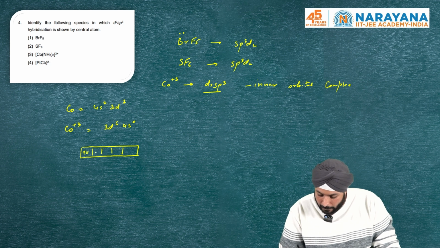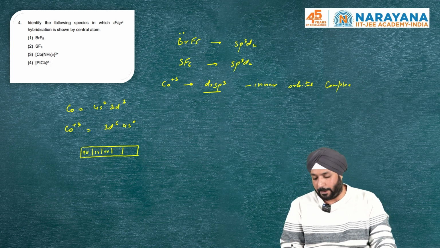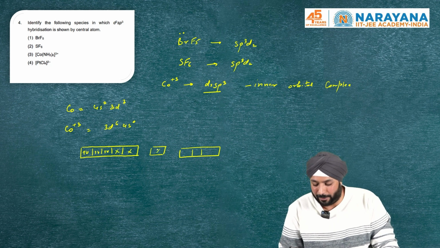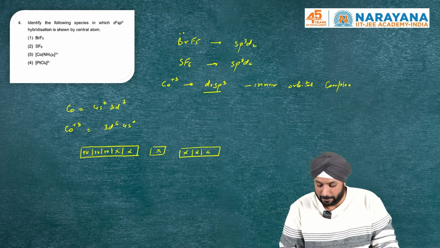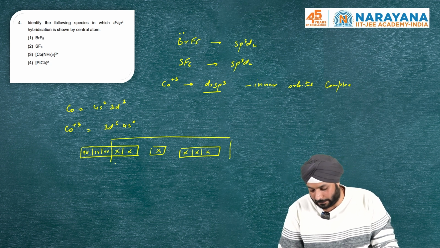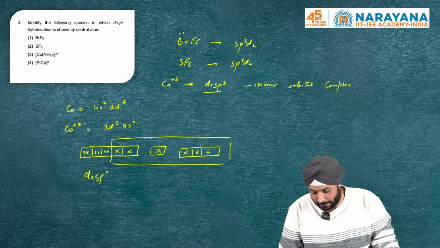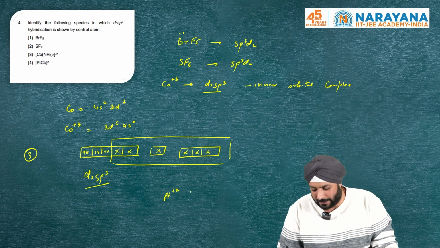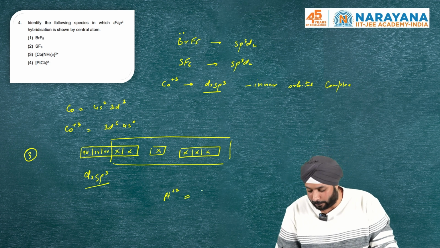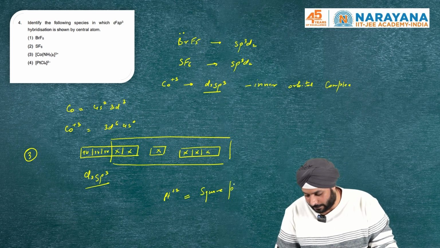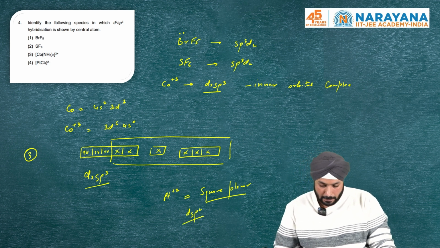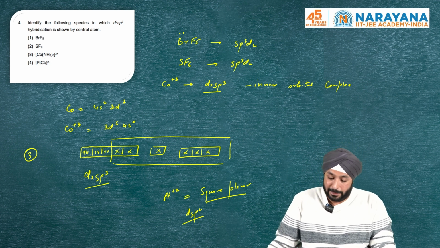So here the d6 electrons will get paired up, and all the six ligands will form a coordinate bond with the inner d orbital and then outer s and p orbitals. So clearly the hybridization becomes d2sp3. So the correct option should be 3. And we know that platinum 2 plus, either with strong field ligand or weak field ligand, always forms square planar complexes, right? So the hybridization will be dsp2. So the answer for question number 4 is 3.